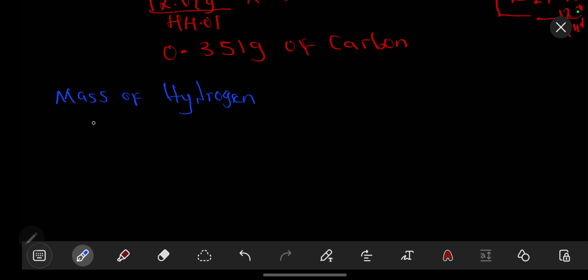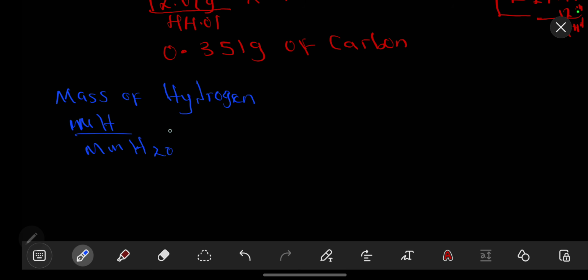According to Dalton's law of definite proportion, we should also consider the amount of substance that can be contained. So in water, the molar mass of hydrogen over the molar mass of the compound where it is found, which is our water.